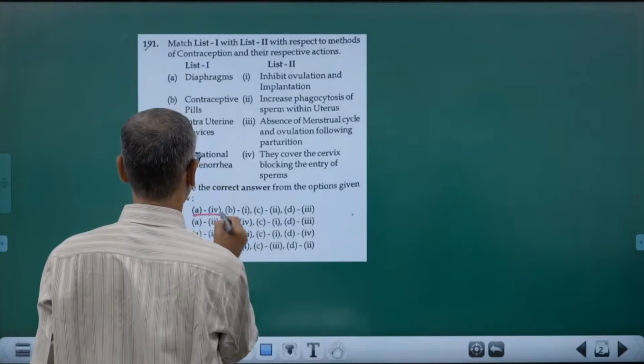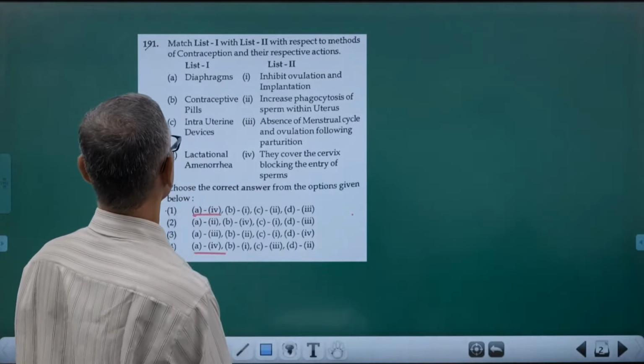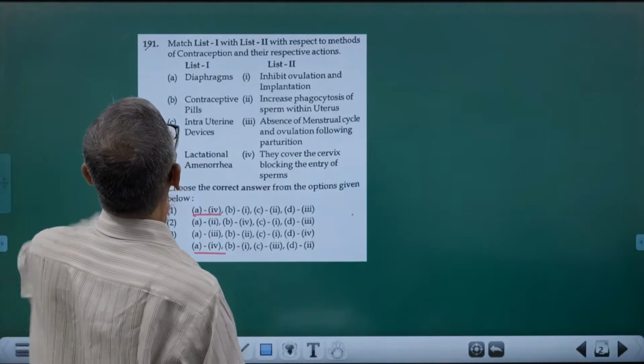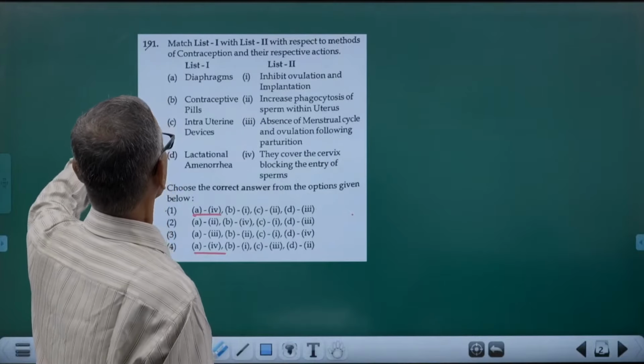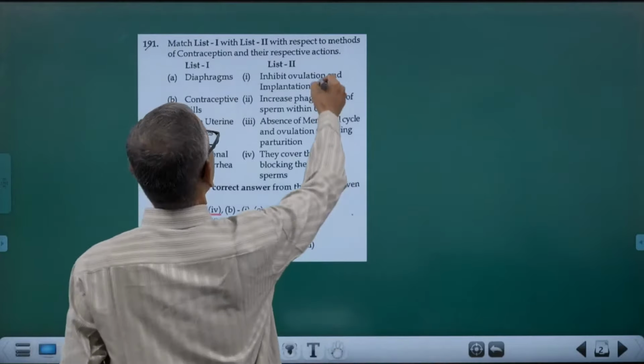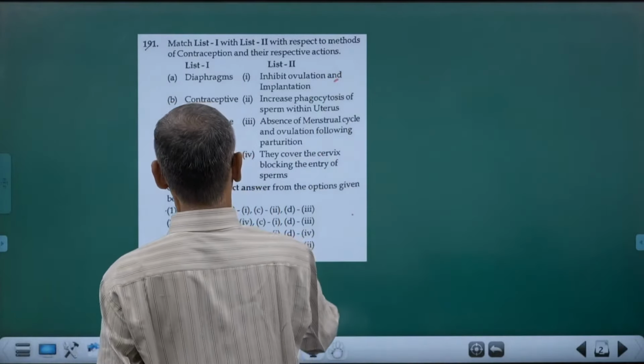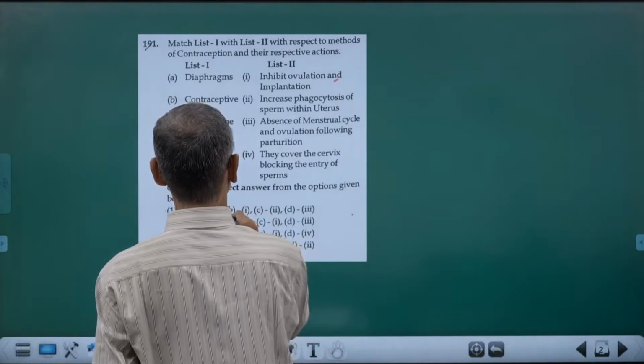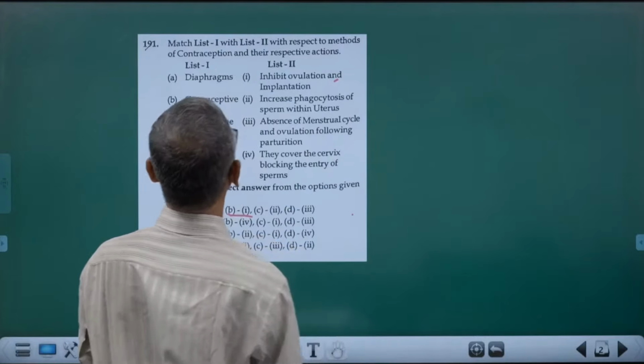So please be careful. Okay. Contraceptive pill. Contraceptive pills are inhibiting ovulation and implantation. So B is one. Again, both of them are going neck by neck.